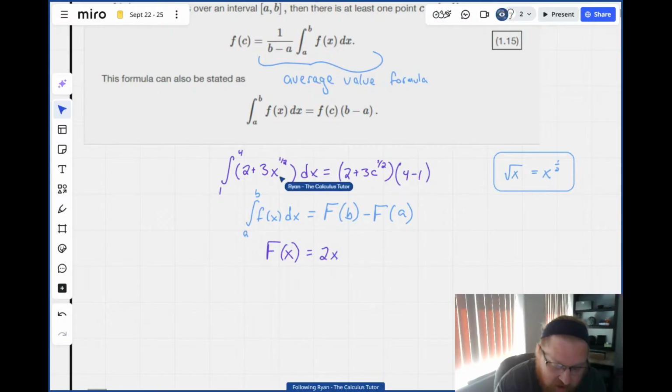And here we're going to use our power rule, and we can put that over here.